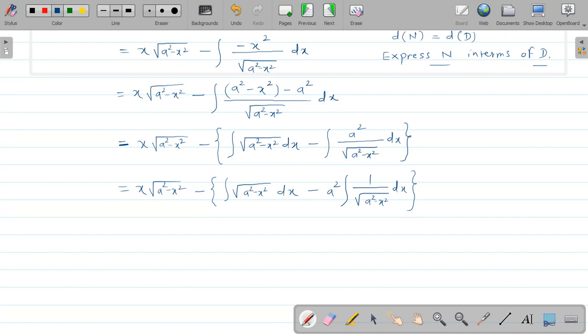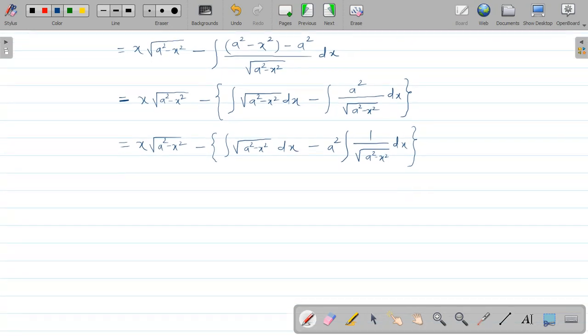Okay, curly bracket is completed. Now next step, solve the curly bracket first. So it will be x into root of a square minus x square minus integration of root of a square minus x square dx, minus plus a square into integration of 1 upon root of a square minus x square dx.